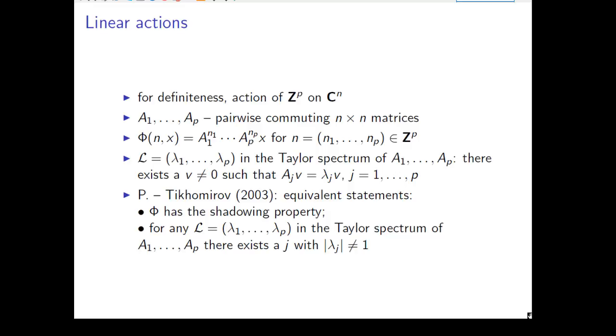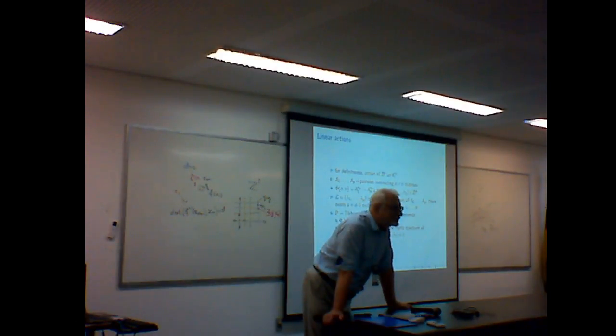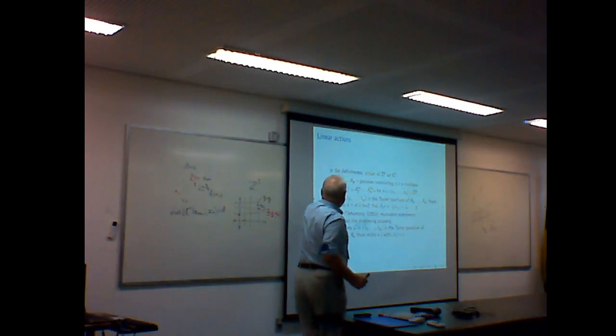And the necessary and sufficient condition for the shadowing property in this case is that for any element of the Taylor spectrum, there exists at least one component with absolute value different from one. Yes? Did I give the definition of the Taylor spectrum? Sorry? Did you give the definition? Yes.